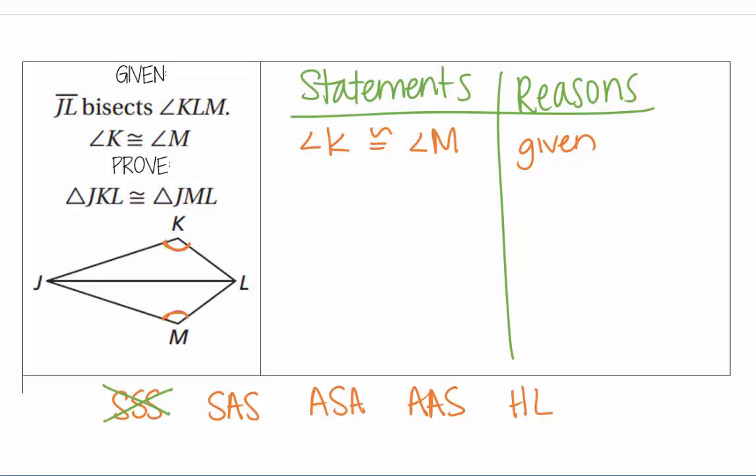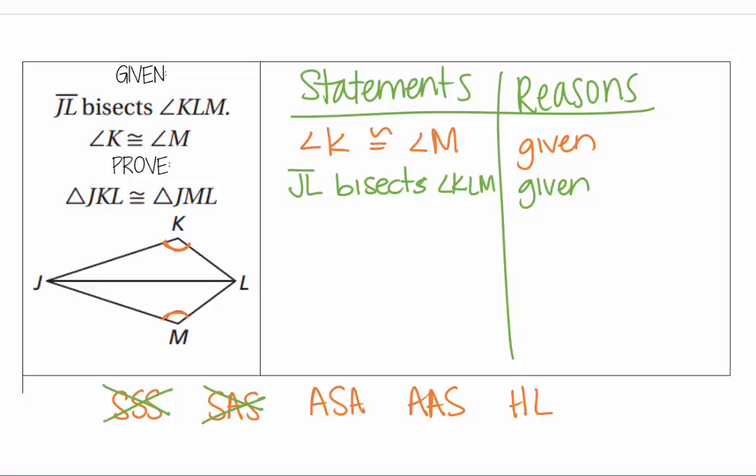There's no way it's going to be side, side, side because they wouldn't tell us one of the angles are the same. So then the next piece of information they tell me is that JL bisects KLM. So this has to do with another angle. So we have one more angle in here. So I can cross this guy off because there's only one angle in there.